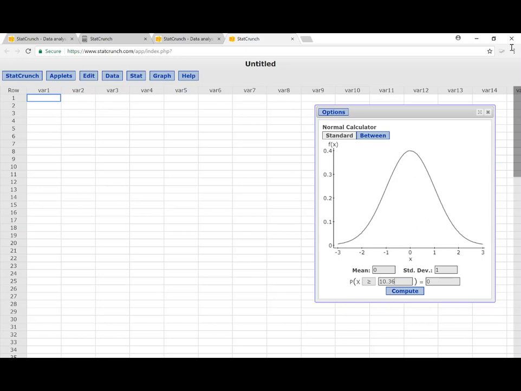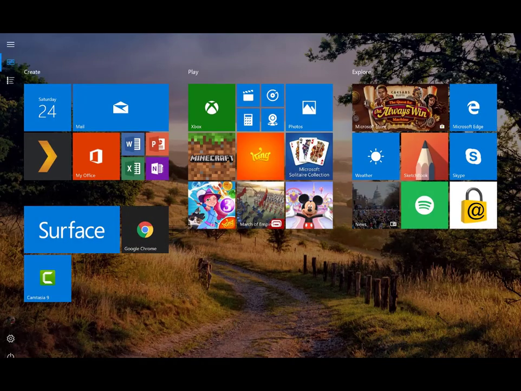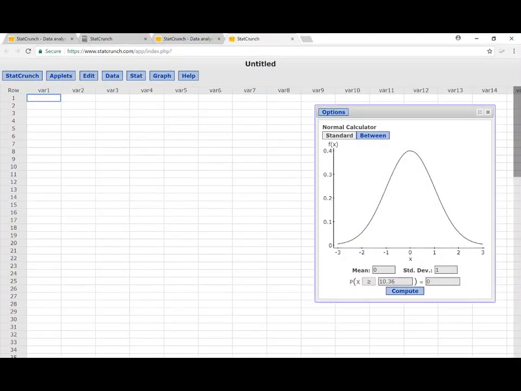Now let's put meaning with that. We're looking for the probability way up here in the upper tail.